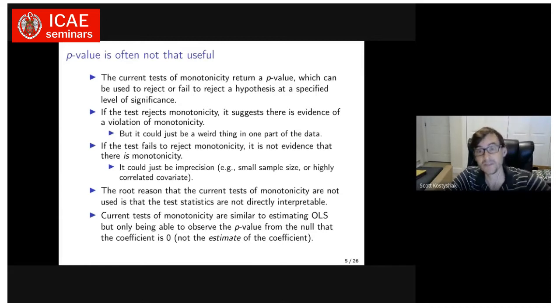Suppose it doesn't give you back the actual estimated coefficient, where you can interpret the magnitude. You can imagine that's not very helpful, just having that p-value, right? It could be very small just because you have a huge sample size, and the effect could also be very small. So that's the thing we're trying to motivate.